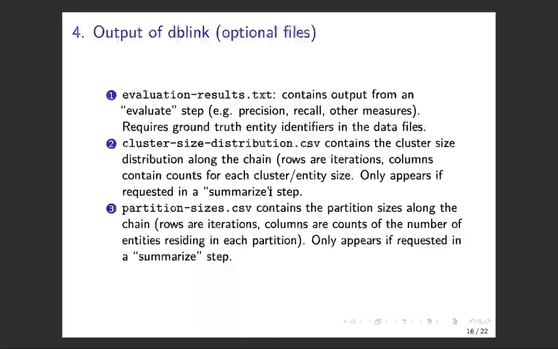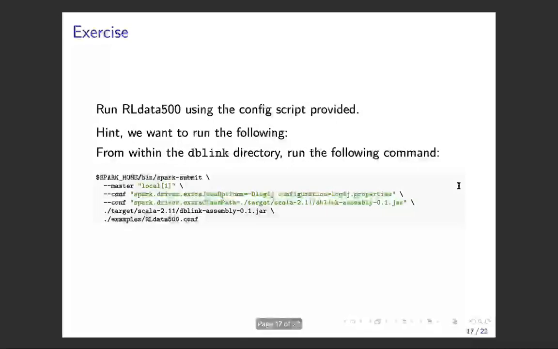And then finally, partition-sizes.csv contains the partition sizes along the chain. Again, the rows are the iterations and the columns are the counts, and this only appears if you request it in a summarize step. So again, this is the command that you want to run in order to get these results.